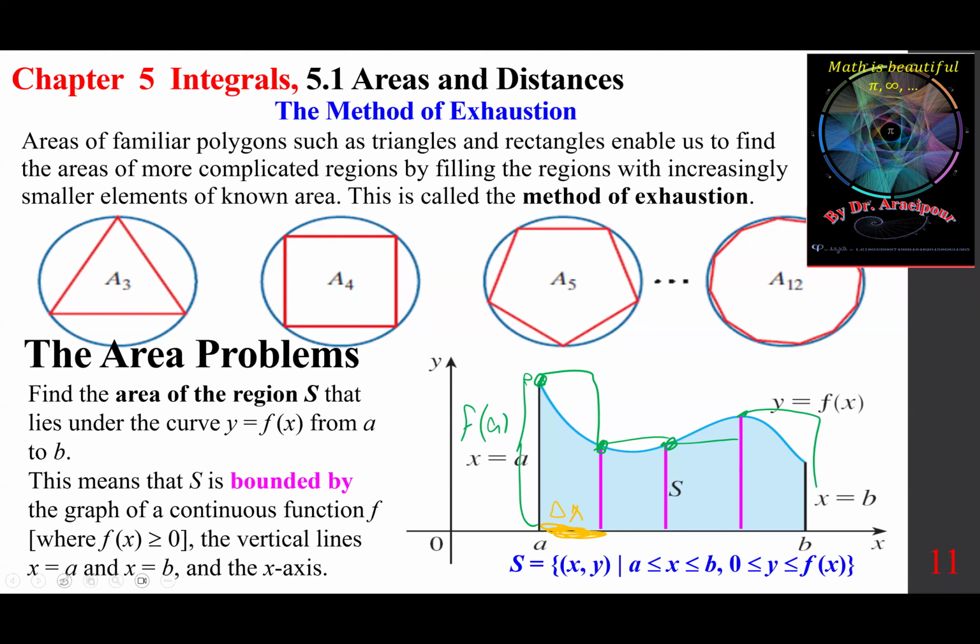What if I use the right endpoints? Again, that's an approximation. So I can pick any point in between and find its height. That will be a rough estimate of the height of this rectangle, which will help us find the area of this, which is an approximation, and then add them up.